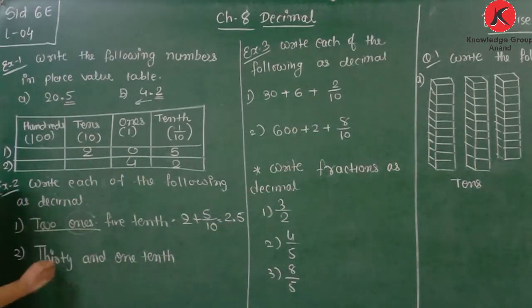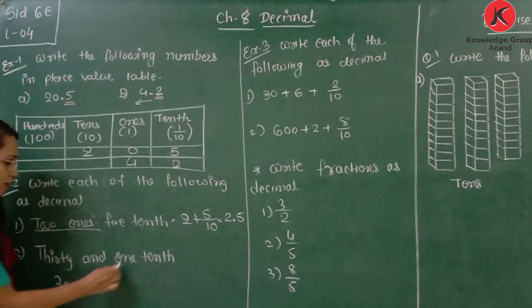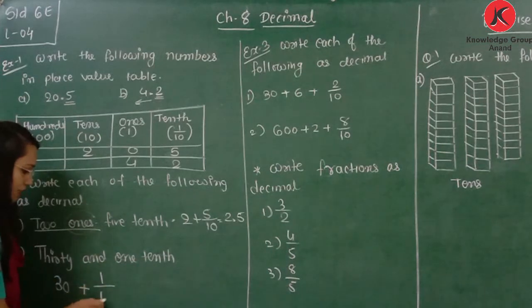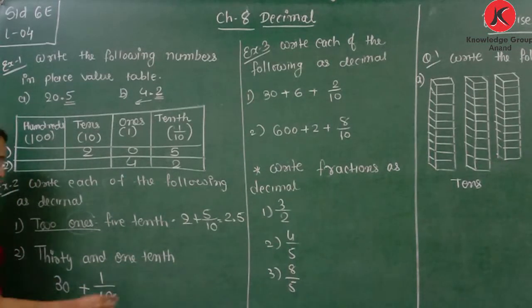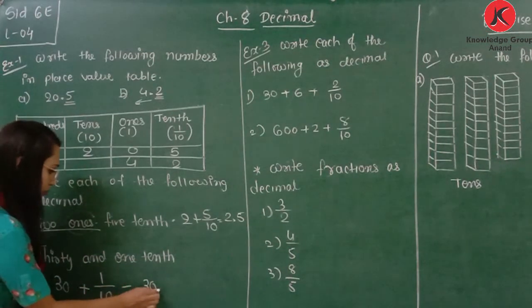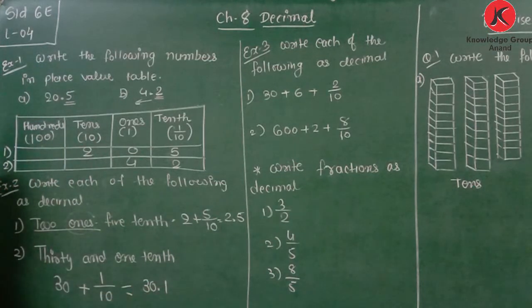Now next one, 30 and 1 tenth. 1 tenth means 1 by 10, so here we can write 30.1. This way we can write the decimal number from the number name.